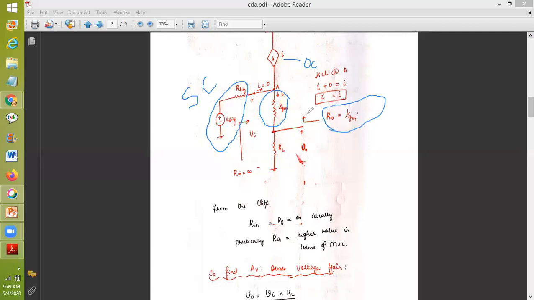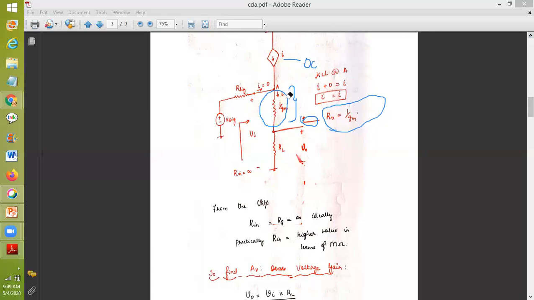You have to stand here and view the circuitry, and this is the resistance 1 by gm you can find. Understood? Everyone is clear with this? This is how we find the output impedance R naught.